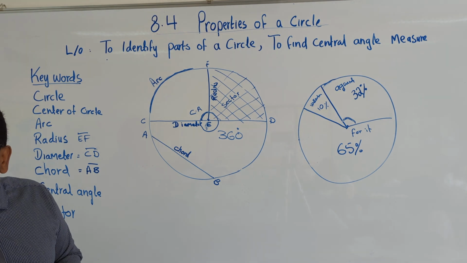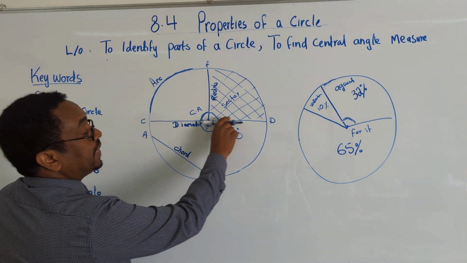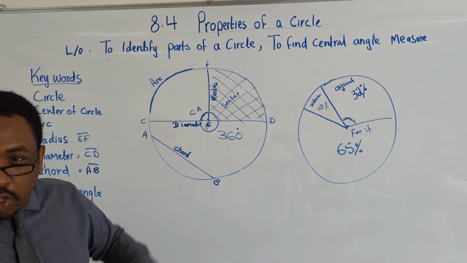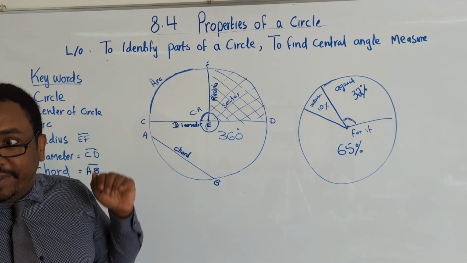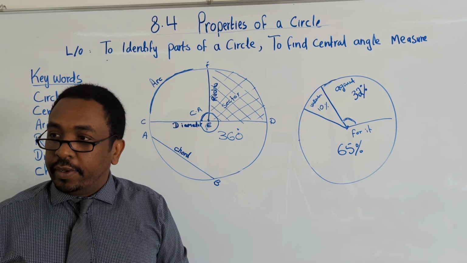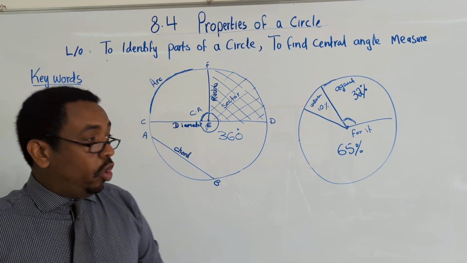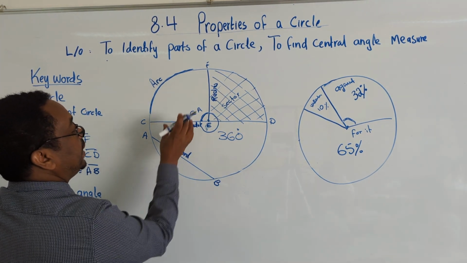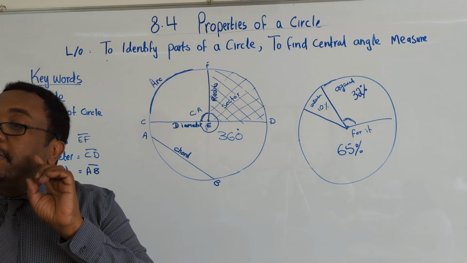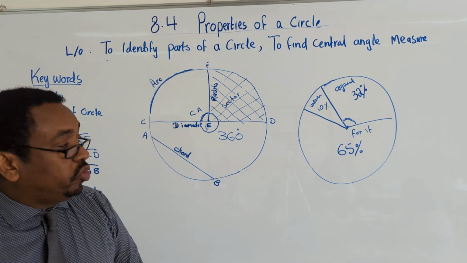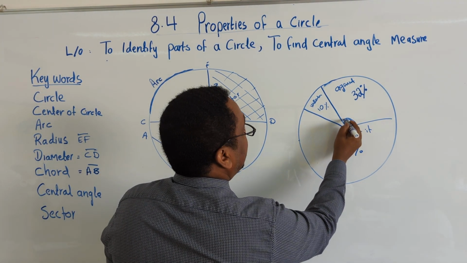Are you with me? Remember when I was teaching you an angle on a straight line is 180? So this is 180 and this is 180, so that will add up to 360. One is 90 degrees, so each one, this is 90, this is 90, this is 90. When you add all of it, how much is it? 360.